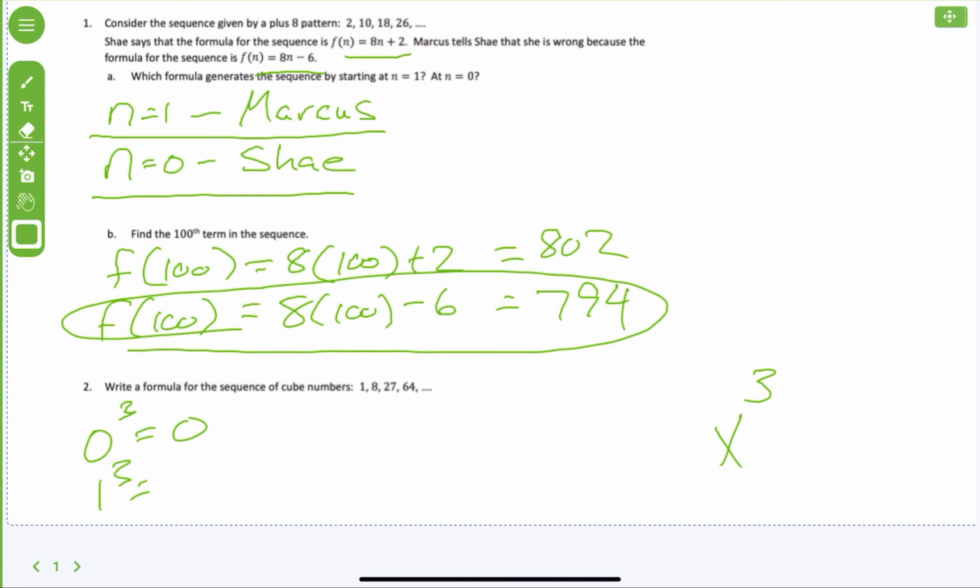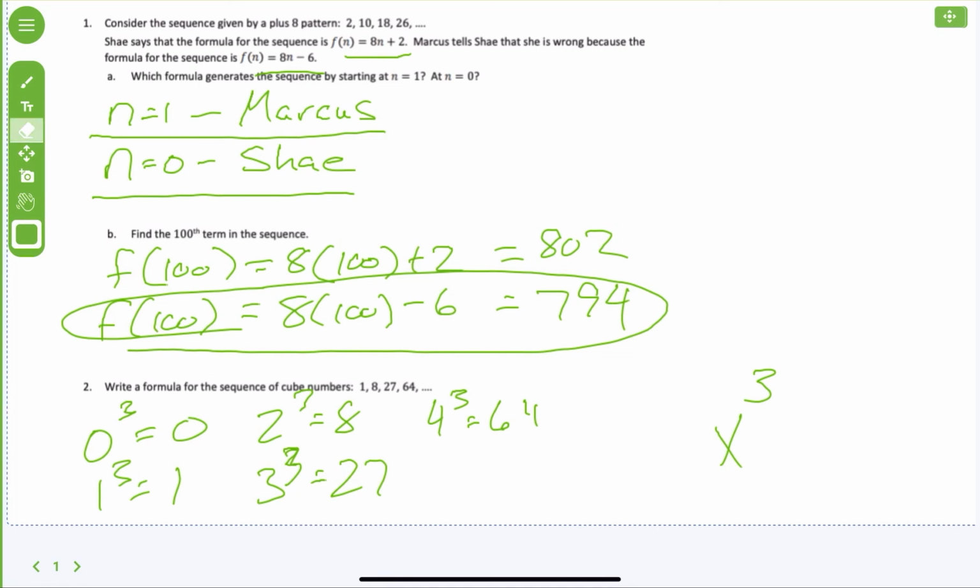He had to plug into the calculator 1 times 1 times 1 to make sure that was 1. Now, what's 2 cubed? What's 3 cubed? And that is our pattern, correct? 4 cubed gives us 64.